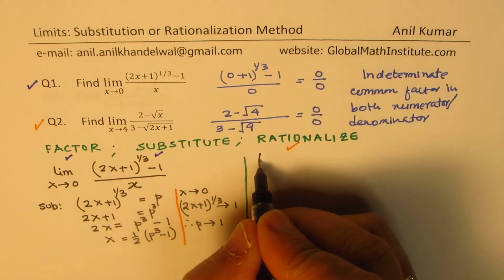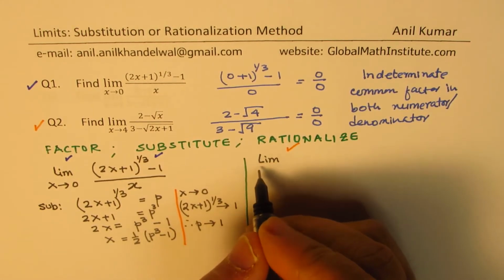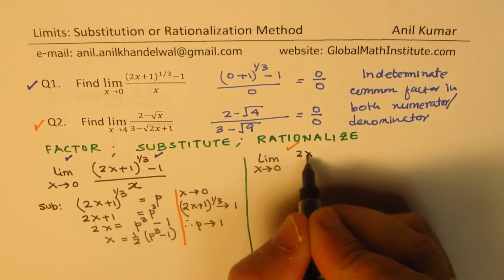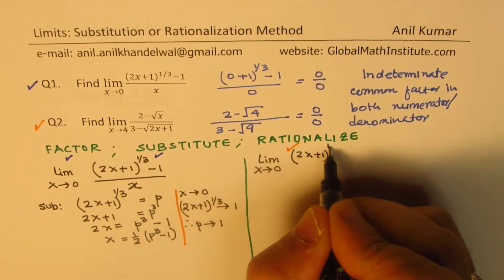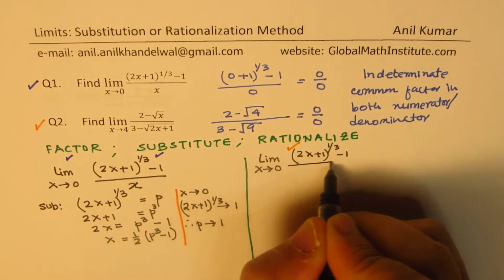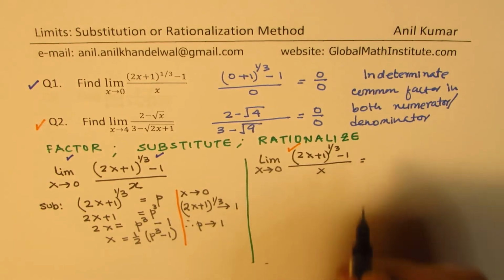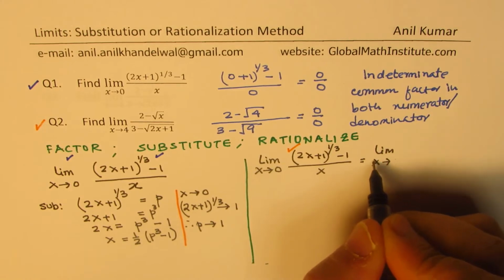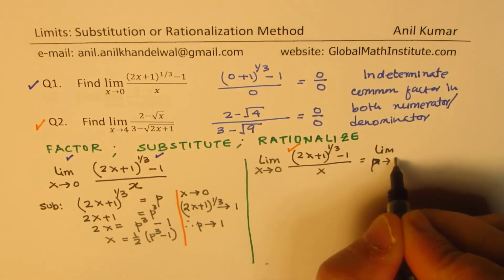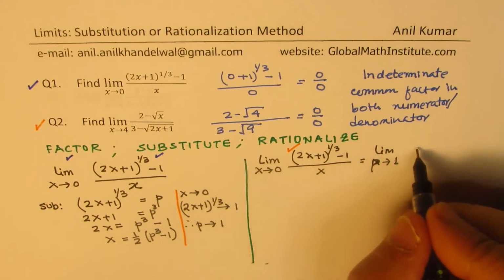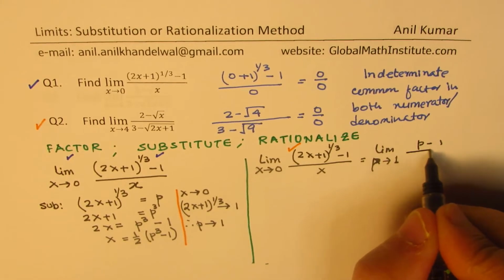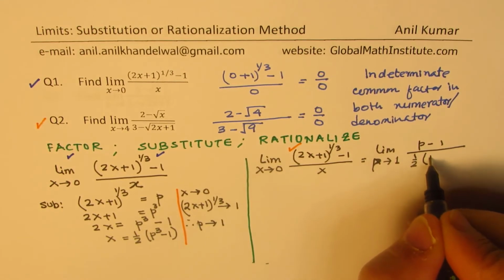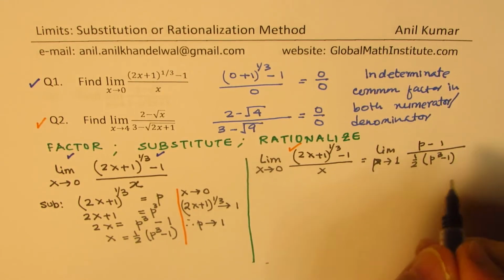So we can write the given question, the limit as x approaches 0 of (2x plus 1) to the power of 1 over 3 minus 1 over x, as equal to the limit as p approaches 1. We are replacing this term with p minus 1 over, and the denominator is half of p cube minus 1. Clear?